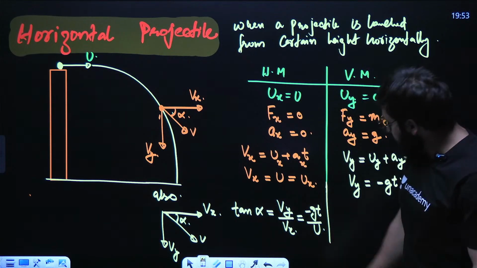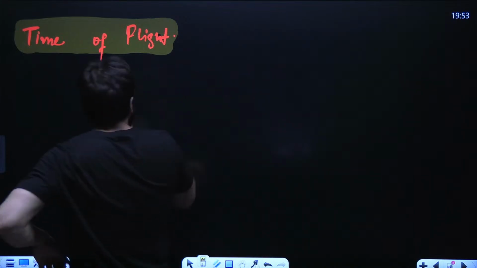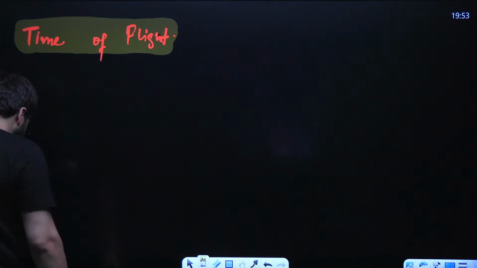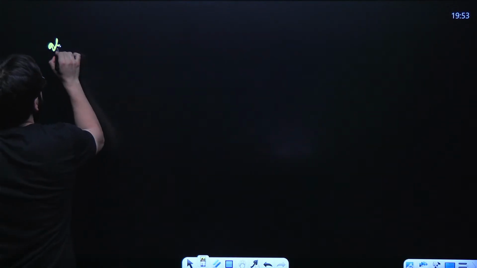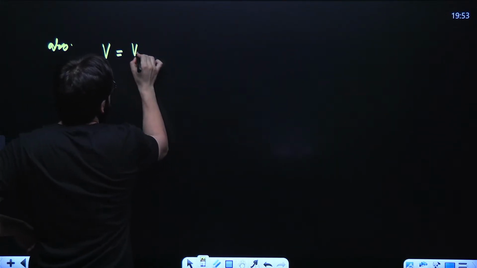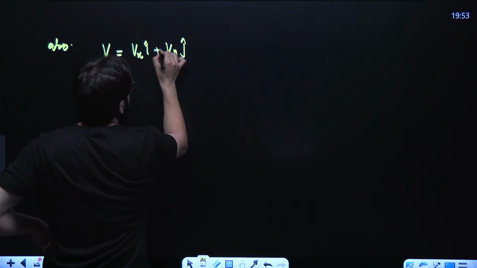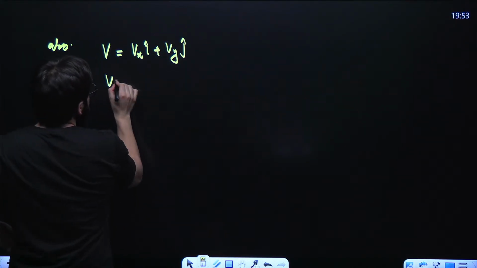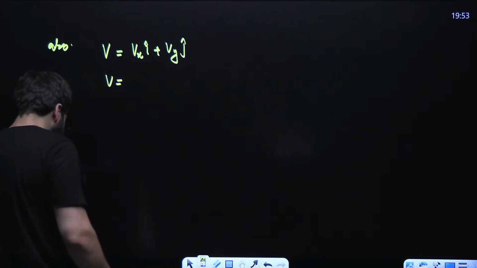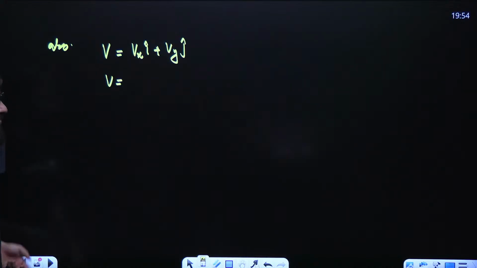Even you can find this velocity also. Guys, we can say this velocity will be simply vx into i cap plus vy into j cap. This is how we can find it. What is the value of vx? Vx is ux only, that is u only.